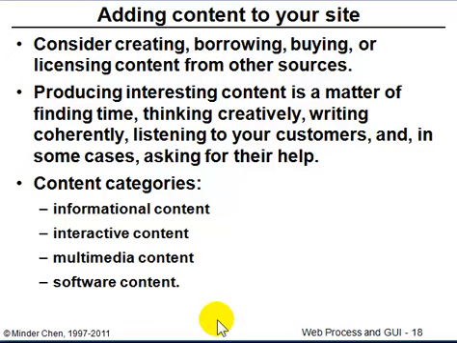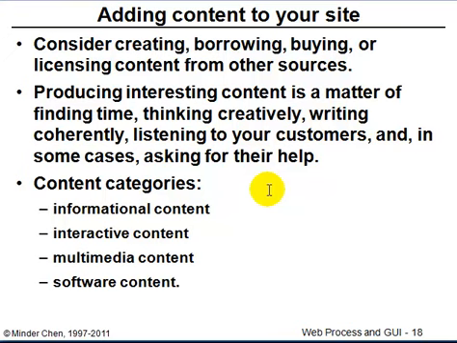Content is king, so it is important that you have good content on your website. The content can be created by yourself, it can be borrowed from other sites with permission. You can also purchase content from third-party content providers. And certainly creating interesting content takes time, money, and creativity.